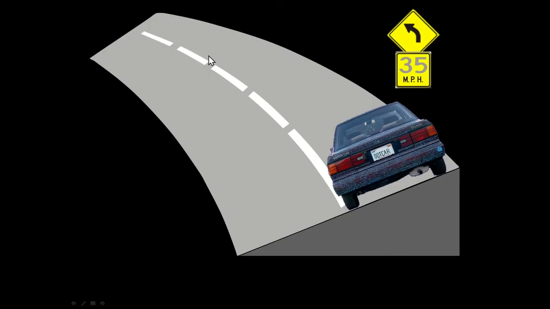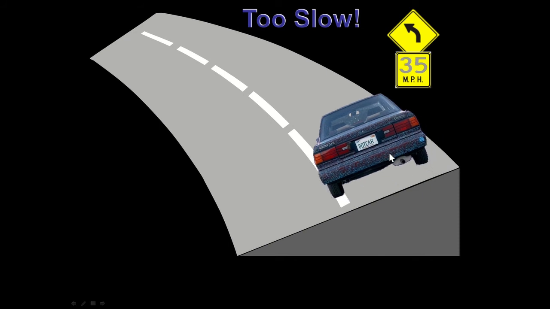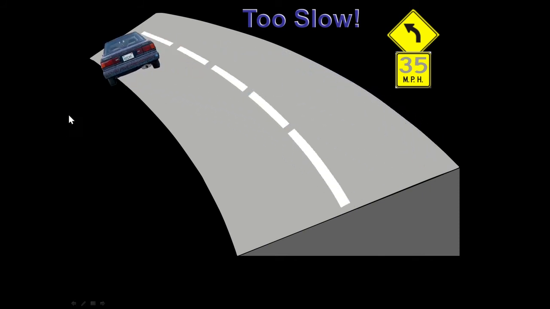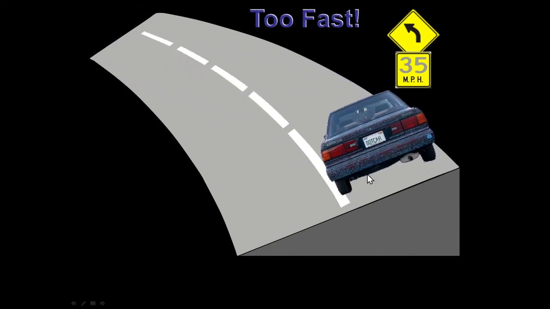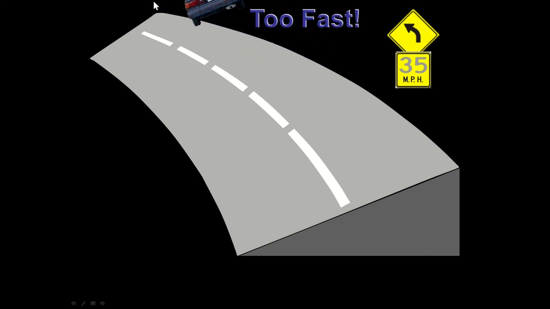So we're going to bank this turn, and even if it's iced over like this, the ground can still push against the car normal to the surface. But if you're going too slow and you try to go around that turn, you're going to slide downhill. And if you go too fast, you're going to fly off tangent, going up the banked turn.